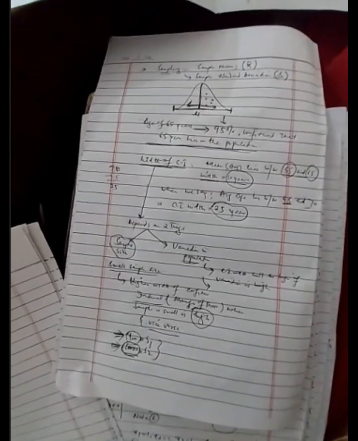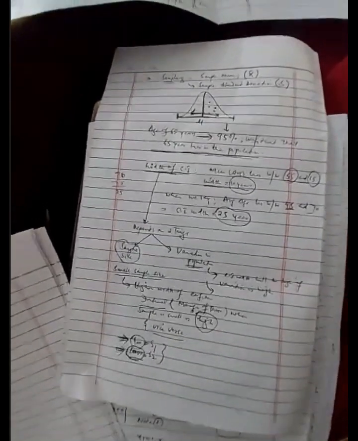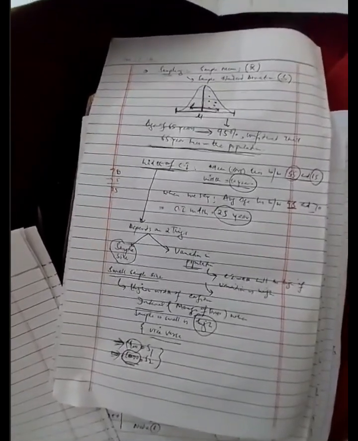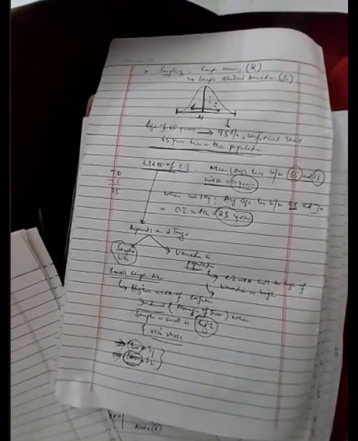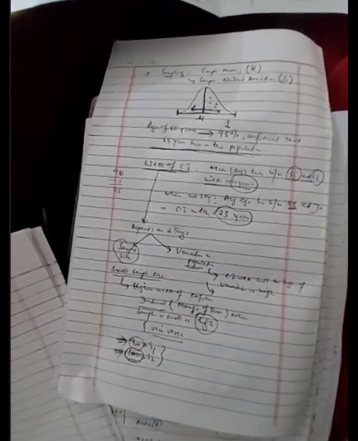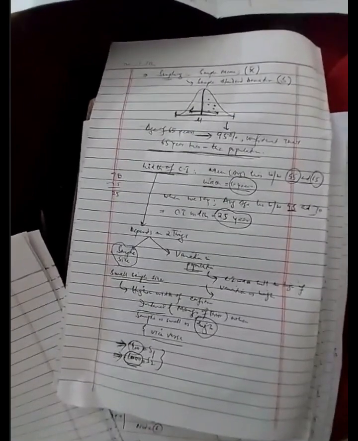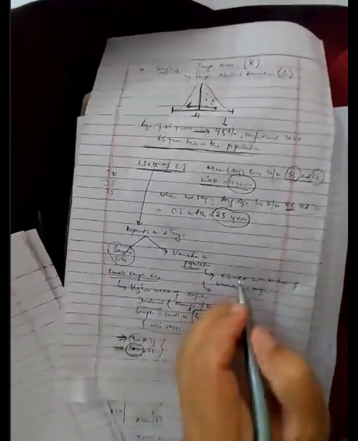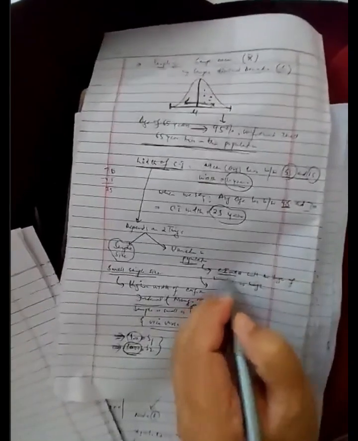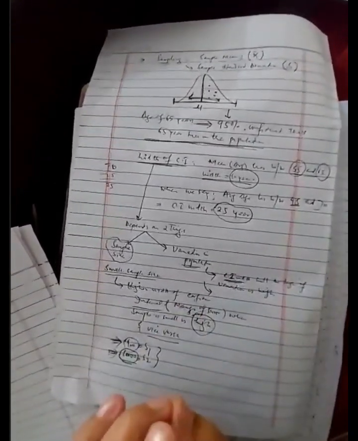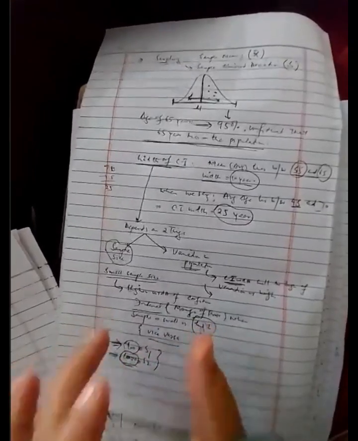If the apples have a large variation, for example, the first apple is 25 grams, but the second one is 125 grams, so we have very high variation, then the confidence interval width, CI width, will be high, and we will not be that sure that the mean will lie in this range.